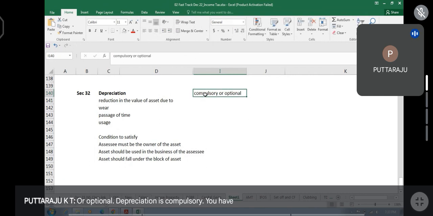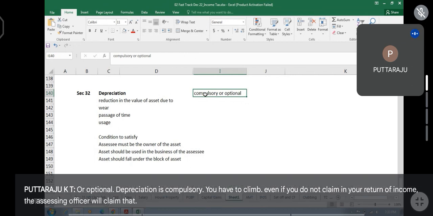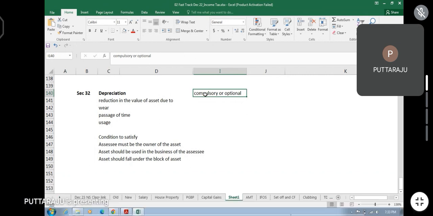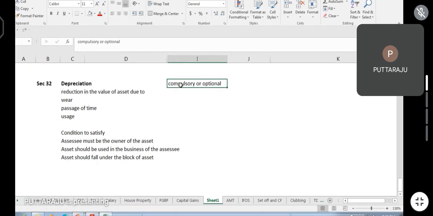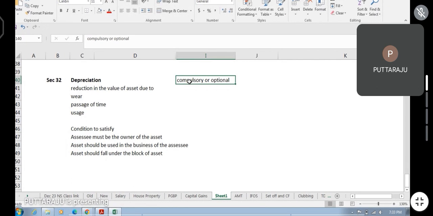You have to claim. Even if you do not claim in your return of income, the assessing officer will give the deduction. Understanding, right?